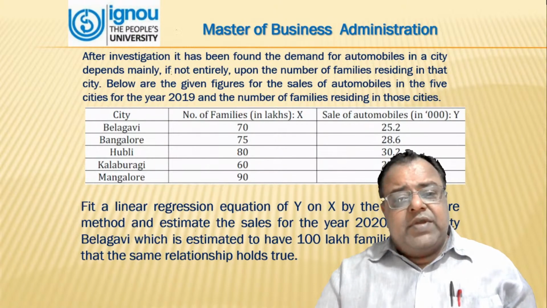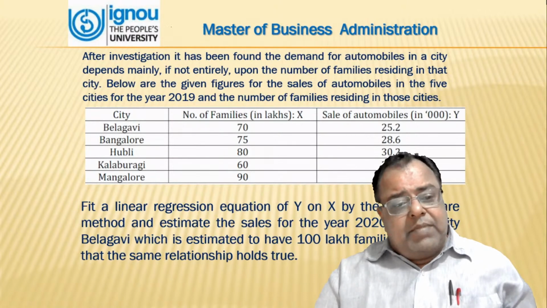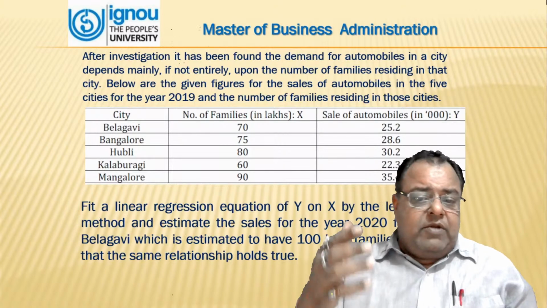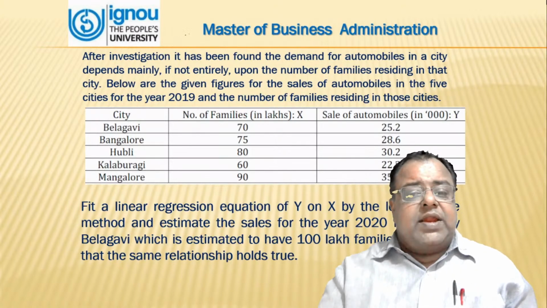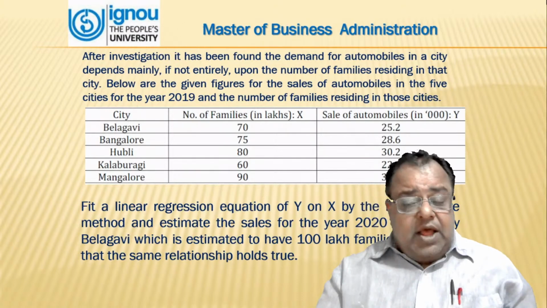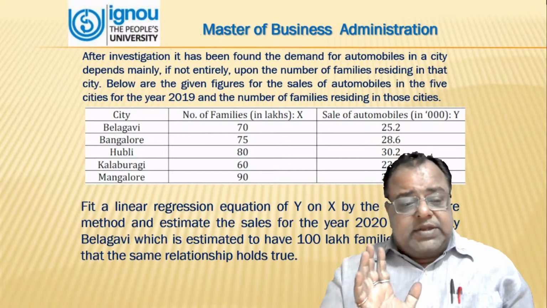Below are given the figures of the sales of automobiles in five cities in the year 2019 and the number of families residing in those cities. We have taken these five cities: Bagalkot, Bangalore, Hubli, Kalaburagi, and Mangalore. The number of families is given, and the sales of automobiles in thousands is denoted by Y.